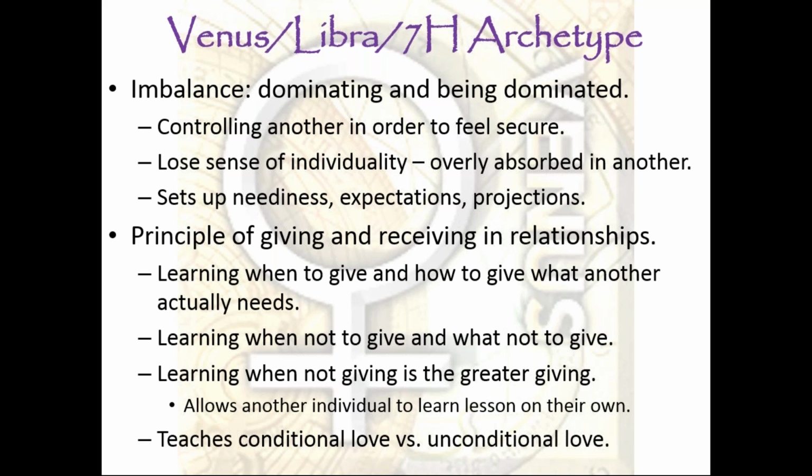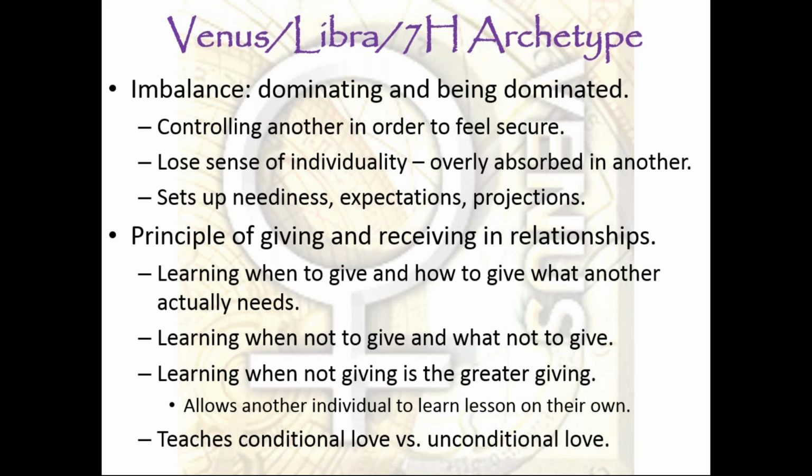So as you can see, with this distortion of inequality in relationships, it can set up the neediness, the need to be loved, the need to control, and how it sets up expectations. If I give to them, then they're going to give me something back, even if it's just a little crumb.